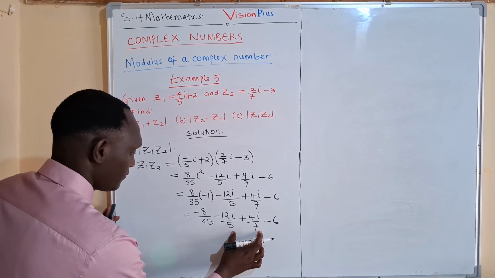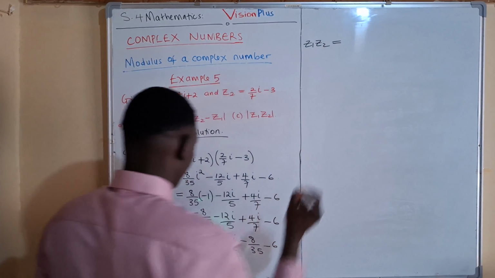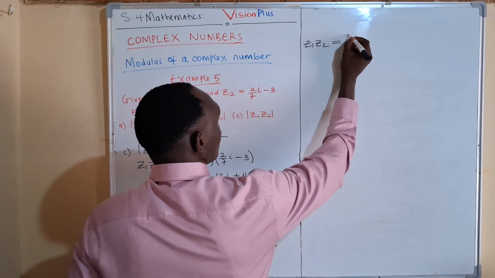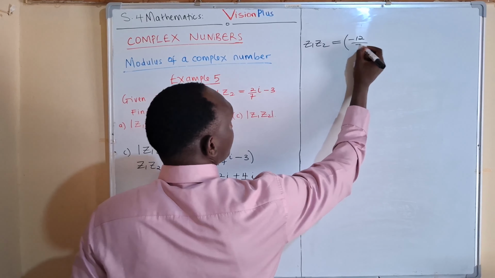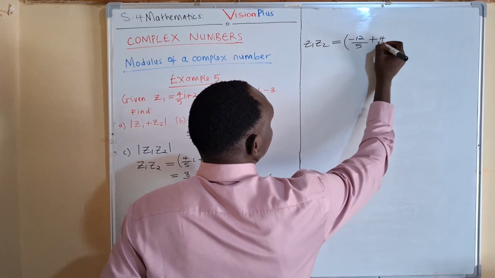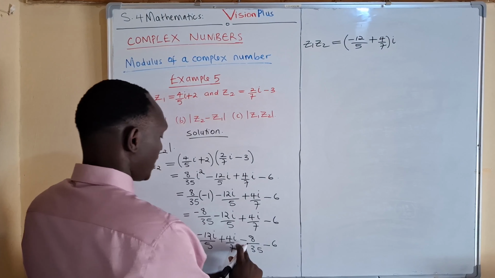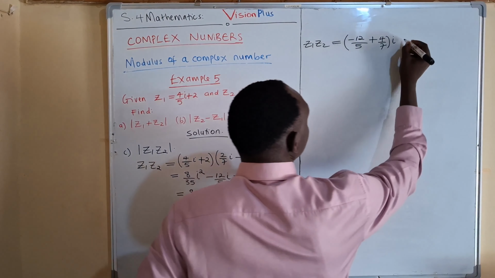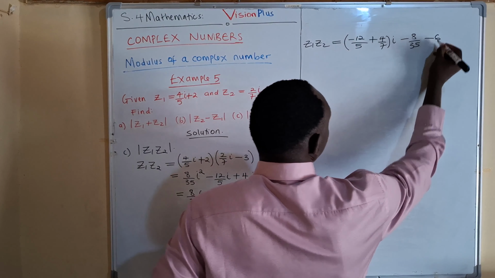Here I can factor out i as we did in the previous examples. So I'm still going with Z1, Z2 here. Now I will open a bracket and have there negative 12 out of 5 plus 4 out of 7, and I'll factor out i. And then minus 8 out of 35 minus 6.